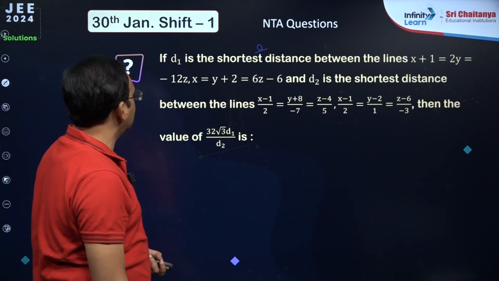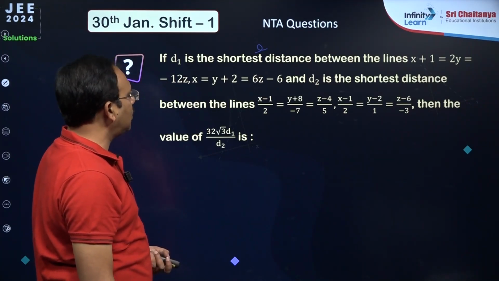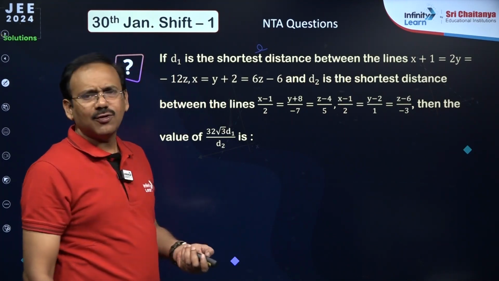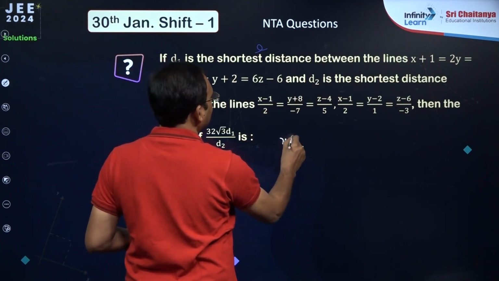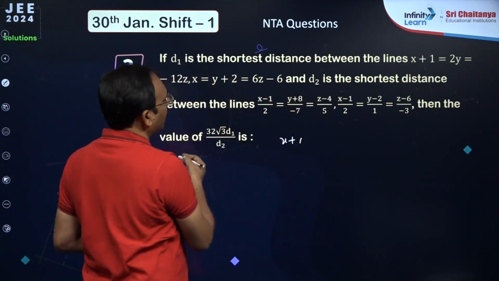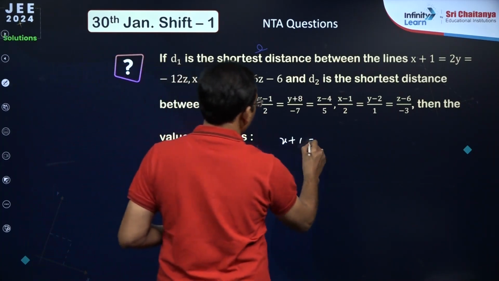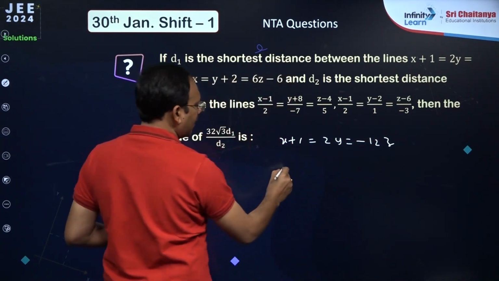The next, you see, D1 is the shortest distance between two lines, D2 is the shortest distance between these two. Okay, then you have to find, just calculation based. First line, my dear friends, x plus 1 is equal to 2y is equal to minus 12z. He has given x plus 1 is equal to 2y is equal to minus 12z. You just divide with minus 12.